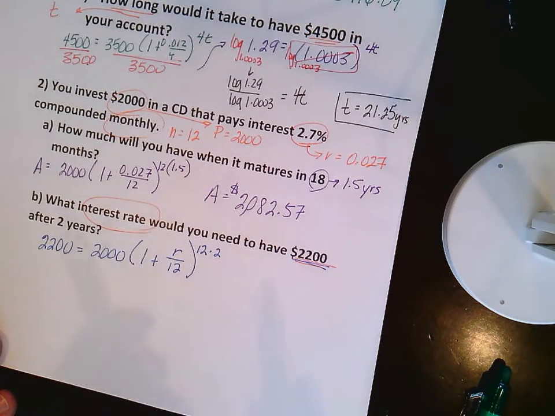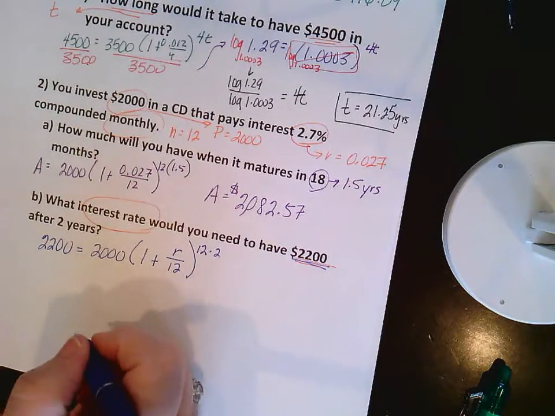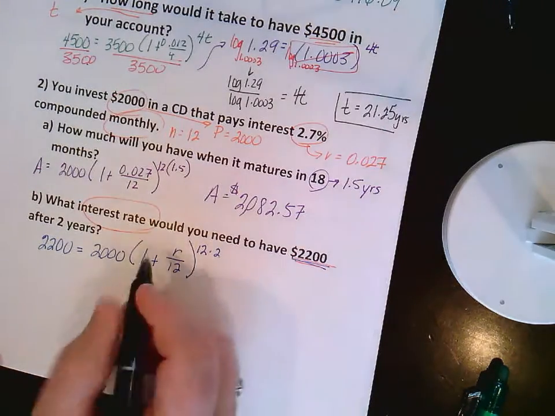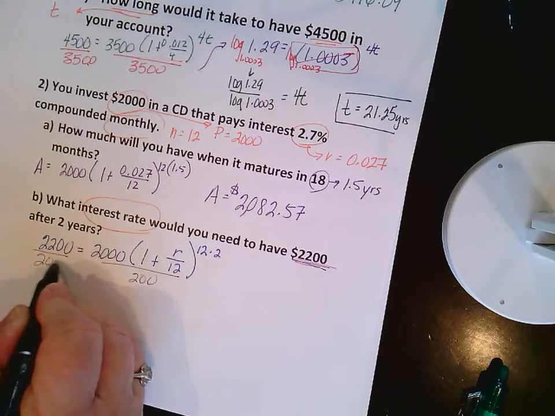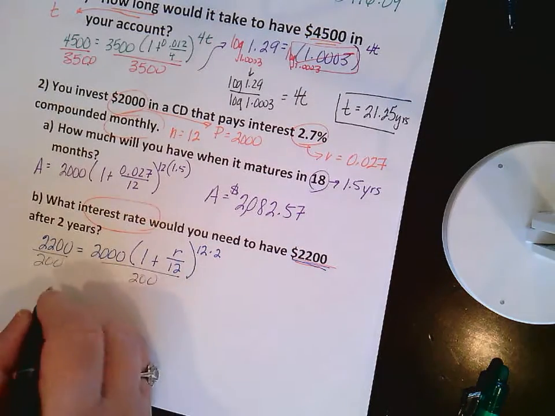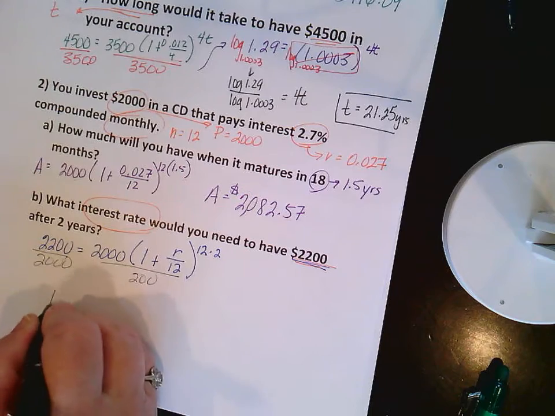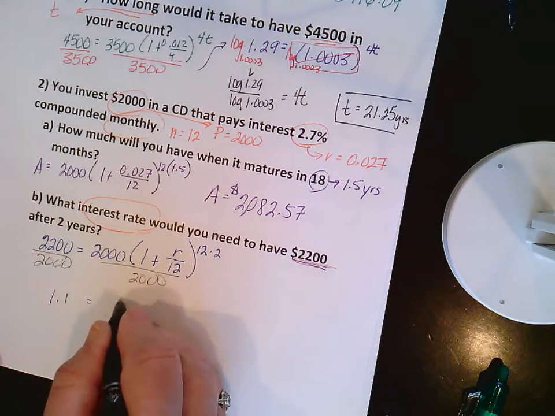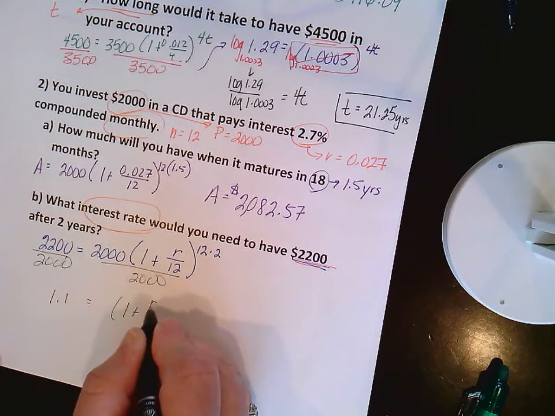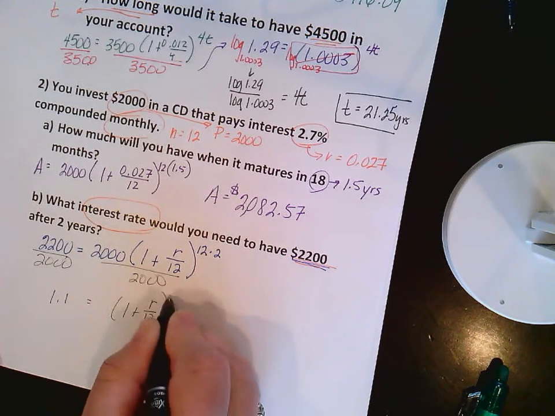Which means the first thing I'm going to do is divide by 2,000, because I'm trying to get this thing to itself. And I have 1.1 equals 1 plus R over 12 to the 24.